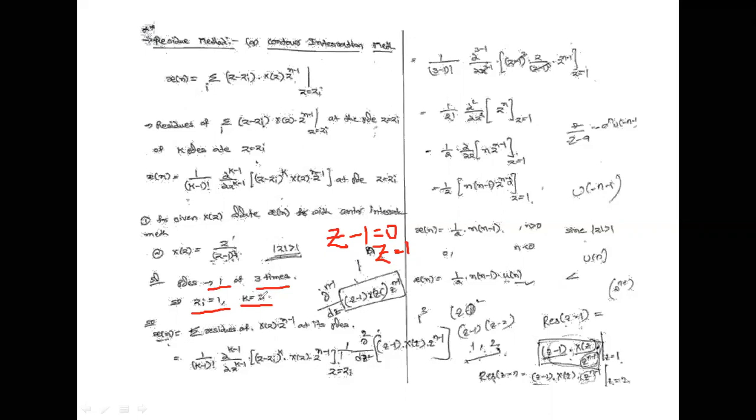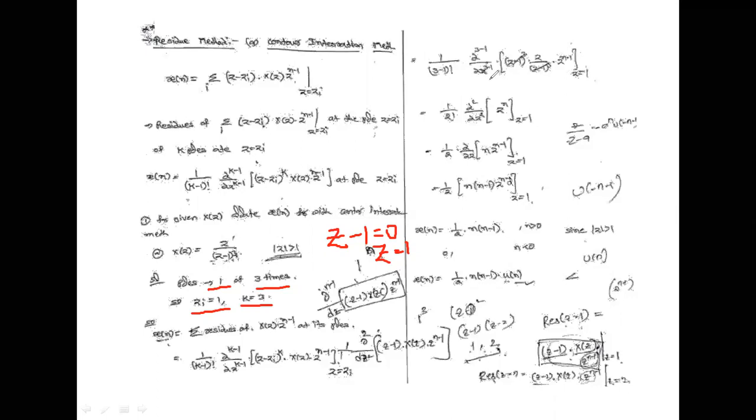Because k is equal to 3, we get dou square by dou z square, and (z minus zi) is (z minus 1), whole power 3. With x of z being z by (z minus 1) whole cube, both get cancelled, leaving z power n minus 1. Got it, students?